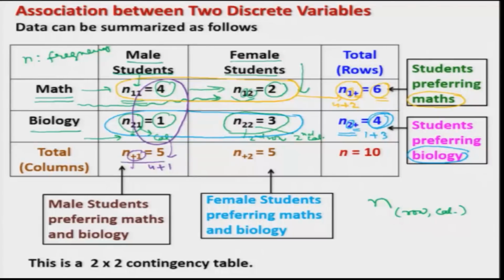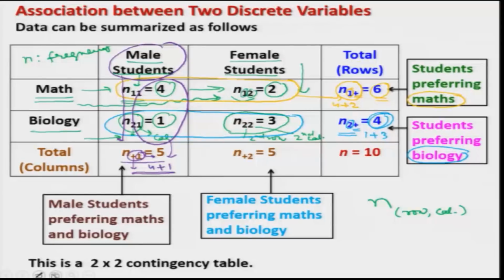So, this plus is indicating that the sum has been obtained on the first column, or this is the sum of the frequencies in the first column, and this 1 here, this is indicating the first column. So, if you try to see this number here n plus 1, this is equal to 5, is indicating the male students here who are choosing maths as well as biology or any subject out of this.